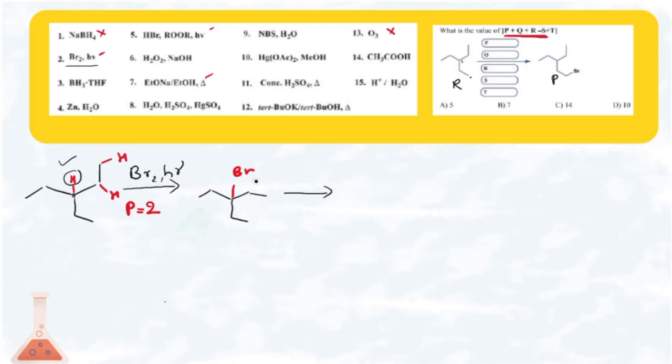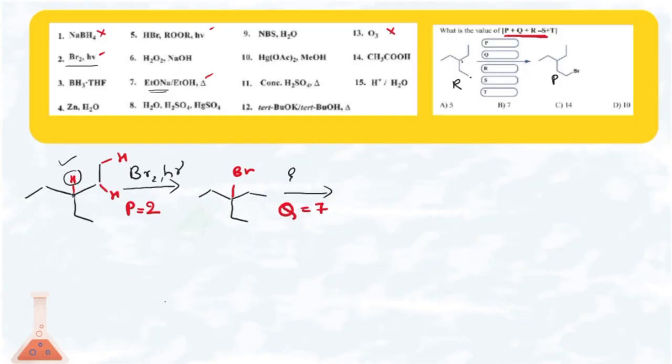So now how to remove bromine? Sodium hydroxide or maybe any base. So let's check a certain base. Say here this is sodium ethoxide, which is a base used for dehydrohalogenation. So we can use this reagent. So this will be Q, that is nothing but 7.